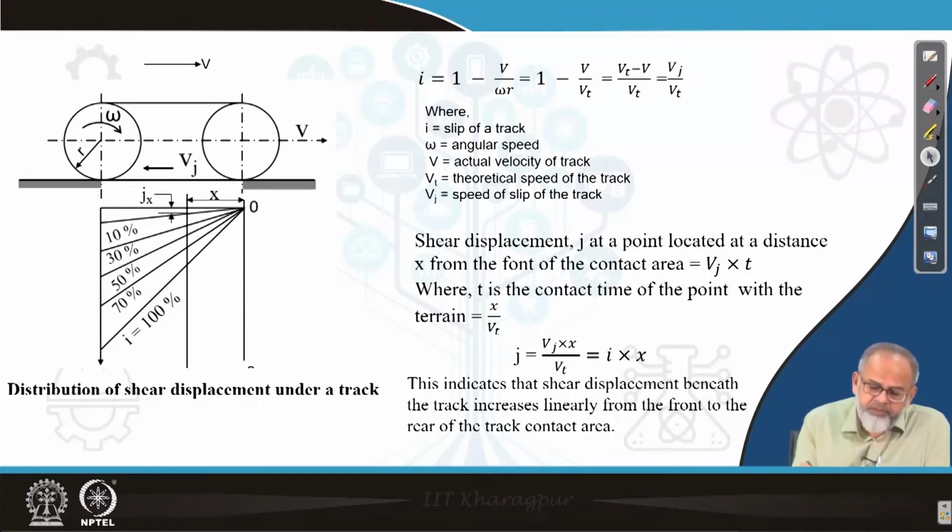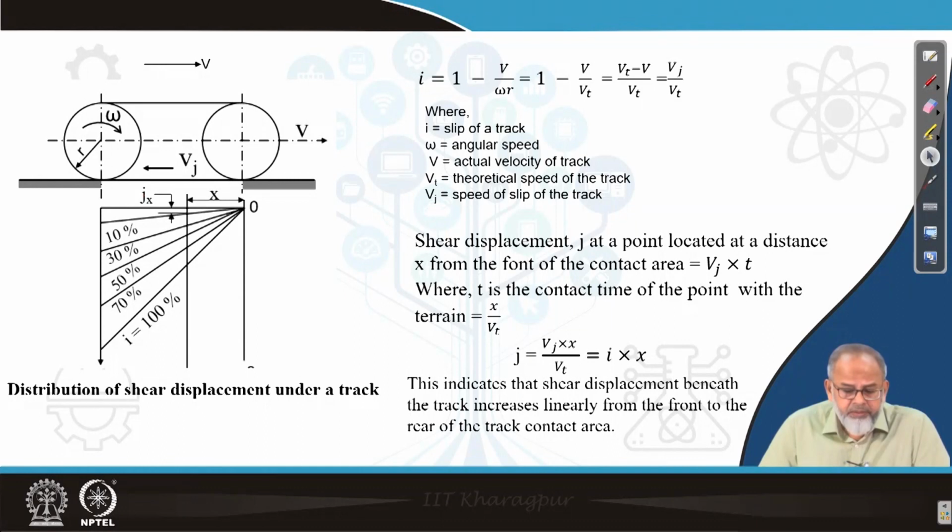So here the theoretical speed is nothing but omega into r, where omega is the angular speed of the sprocket or the driver which is driving the truck, and r is the rolling radius of that driver. Now shear displacement, which is denoted as Jx at a point located at a distance x from the frontal portion of the contact area.